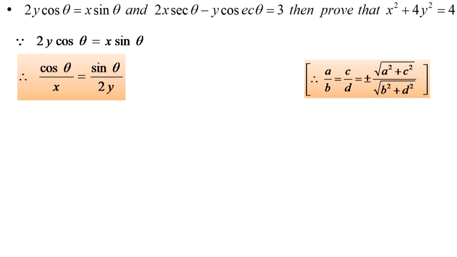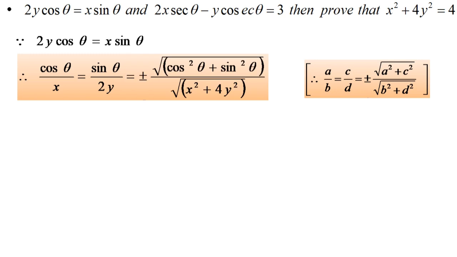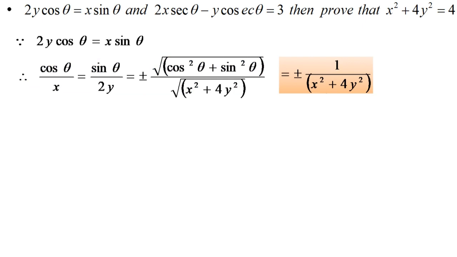Then cos theta by x equals sin theta by 2y is equal to plus minus root over cos square theta plus sin square theta by root over x square plus 4y square. We know the identity sin square theta plus cos square theta equals 1.